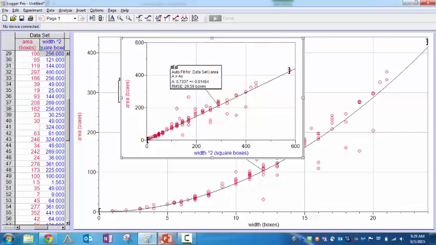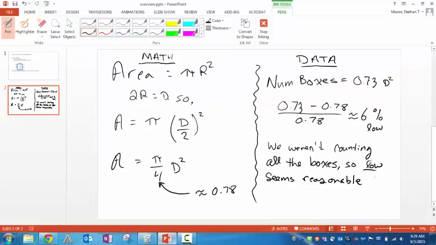So 0.73 is experimental. 0.78 is theoretical, from a math textbook. The difference between those is 0.05, and 0.05 divided by the number I think is real, 0.78, means I've got about a 6% error in my experimental measurement of pi, which I think is pretty cool.